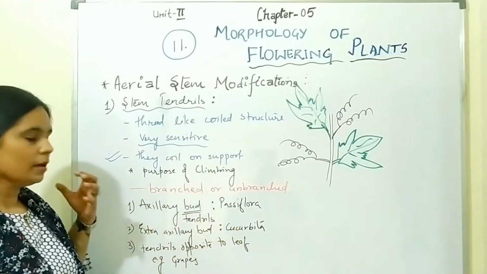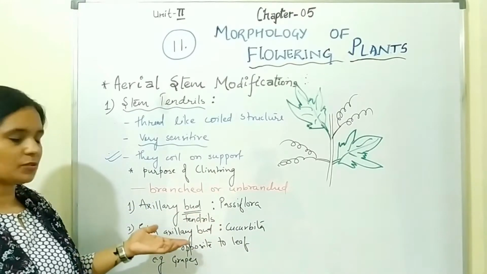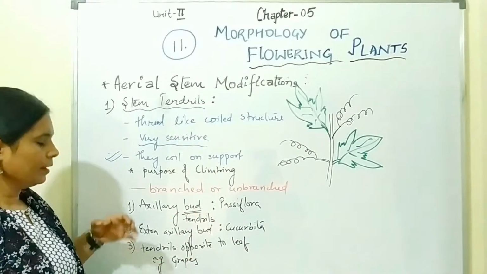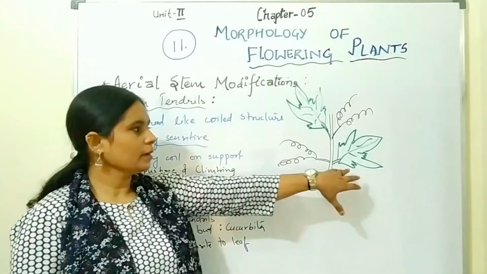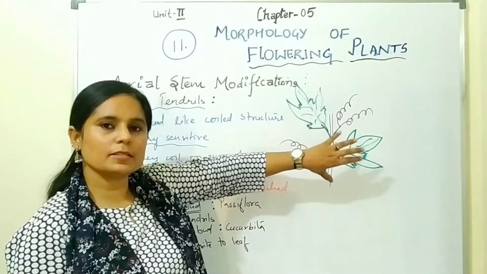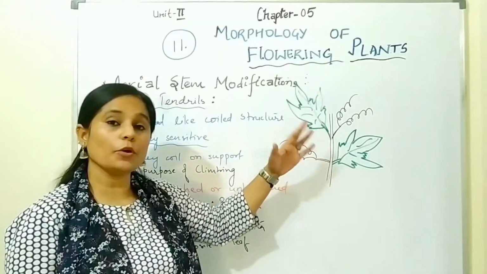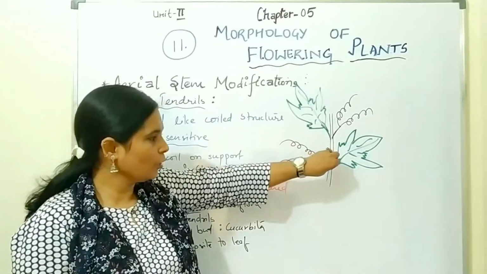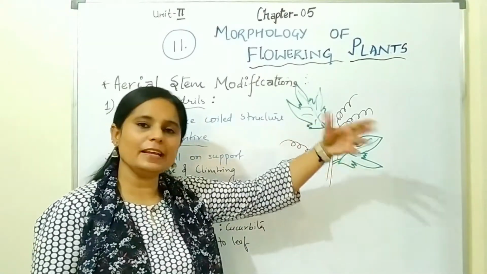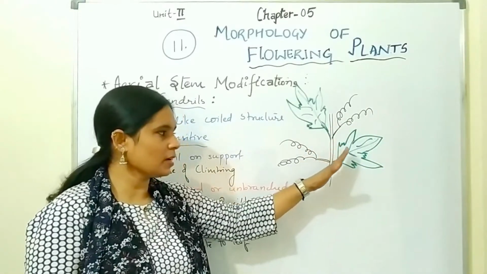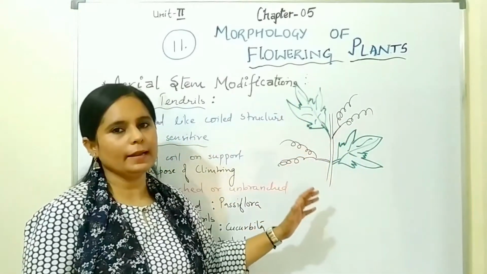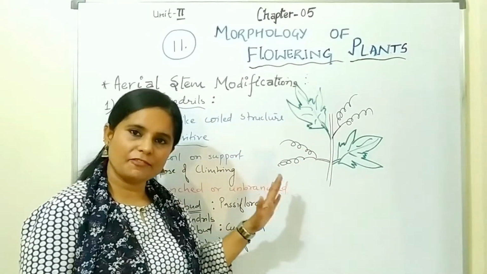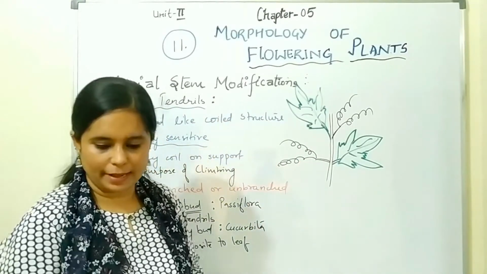In Cucurbita, the tendrils arise from extra axillary buds. In grapes, the tendrils grow opposite to the leaf, at the node from which the leaf is growing. So this is the first modification of aerial stem.